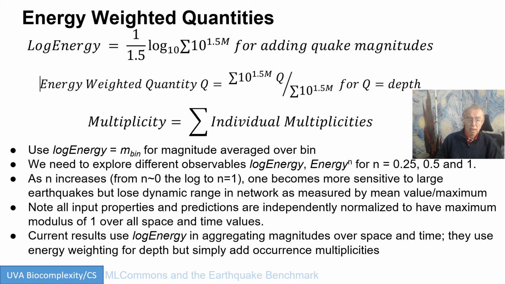Now here's this slide which tells us the subtlety about how you add things together. Well, energy is 10 to the 1.5 times m, approximately. So when we accumulate events, we don't accumulate by adding the magnitudes of the observed data.